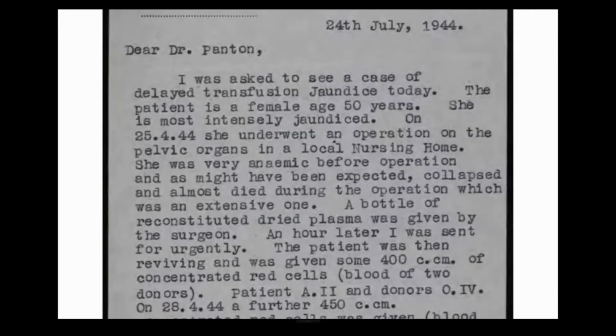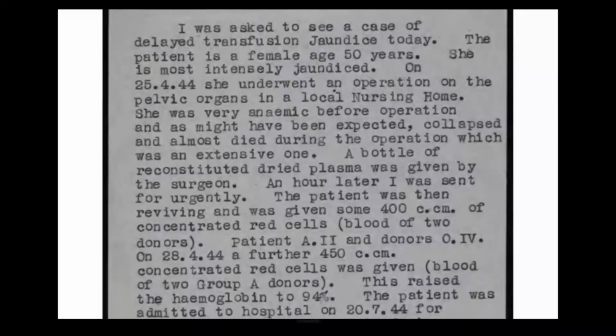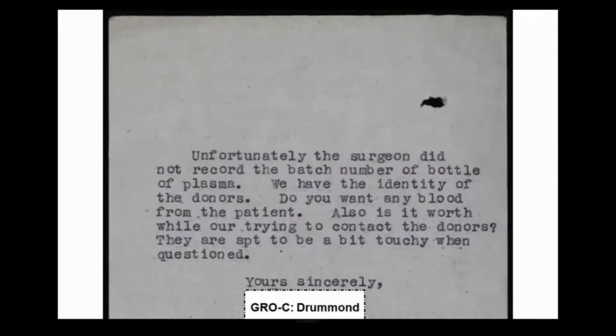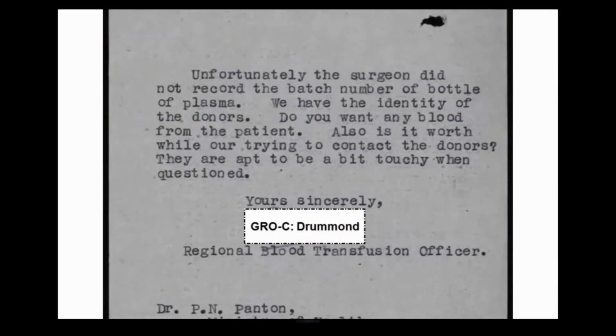And the point I want to note from this document is on the second page. And that is the Regional Transfusion Officer recording that unfortunately the surgeon did not record the batch number of the bottle of plasma. We have the identity of the donors. Do you want any blood from the patient? Also, is it worthwhile our trying to contact the donors?